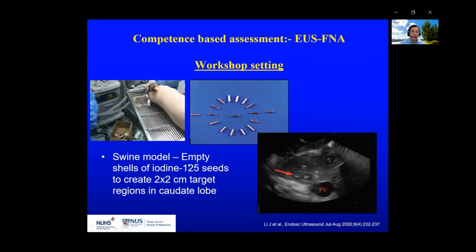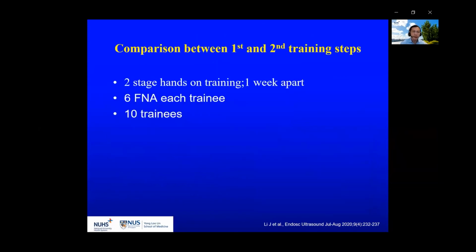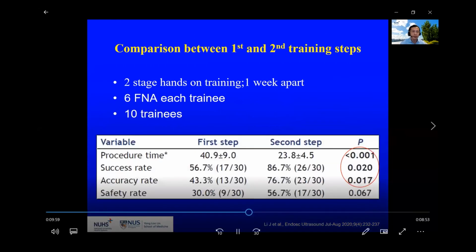They used a swine model, and they also used empty shells of iodine seeds to create targets for FNA in the caudate lobe of the liver of the swine model. So their training workshops included a two-stage hands-on training, which was 1 week apart, and each trainee was asked to perform 6 FNAs. A total of 10 trainees participated in this particular study, and the results are shown here.